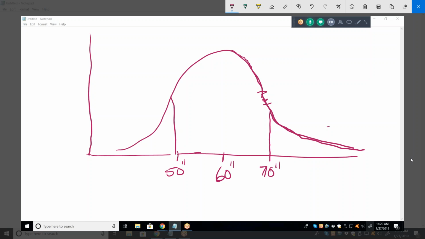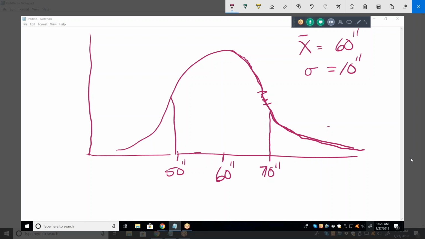Okay, 60 inches is 5 foot tall. This would be 5'10". This would be 4'2". So assuming they gave me the national mean, which we have figured out through statistics is 60 inches, and sigma is 10 inches.